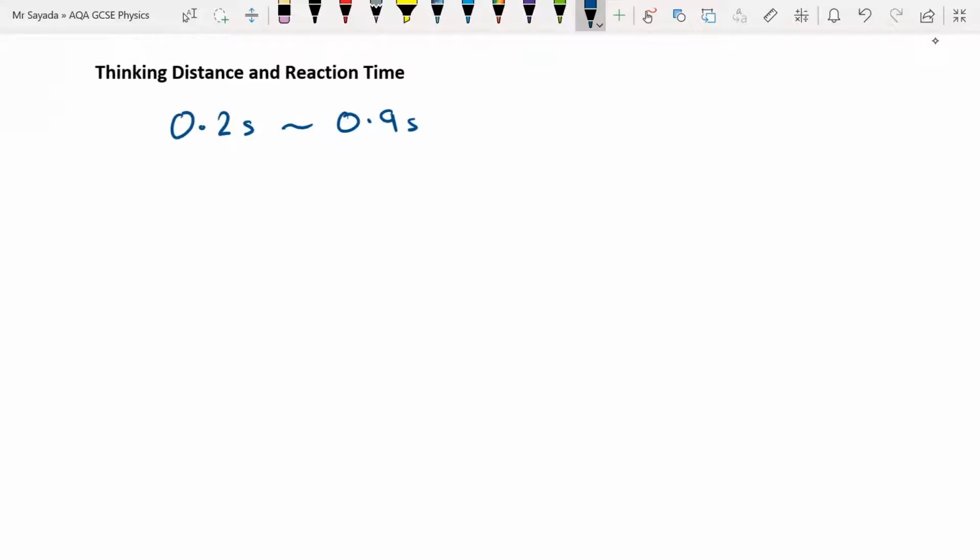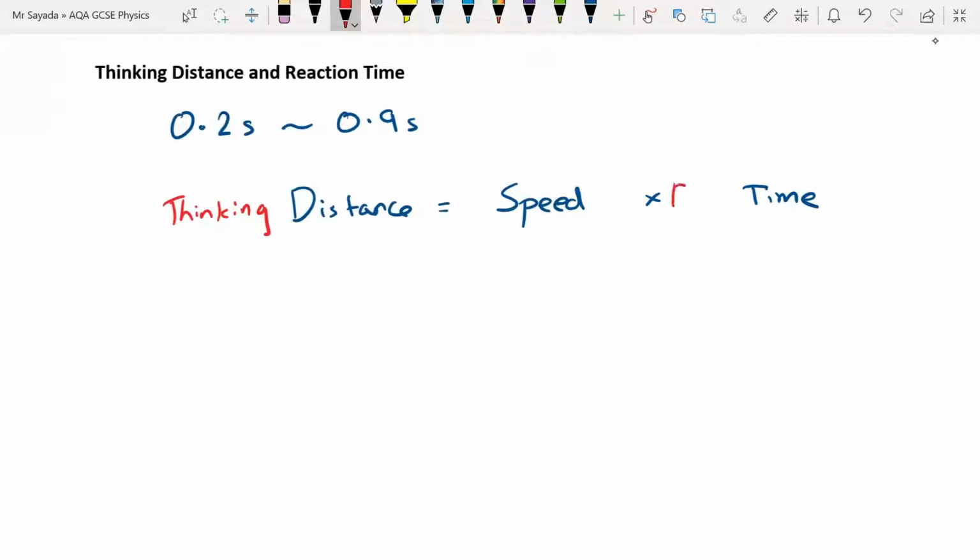We can actually work out the distance that the car will travel during that reaction time using the formula from before: distance equals speed times time. We can use that exact same equation, but add the word thinking, so thinking distance equals speed times reaction time.